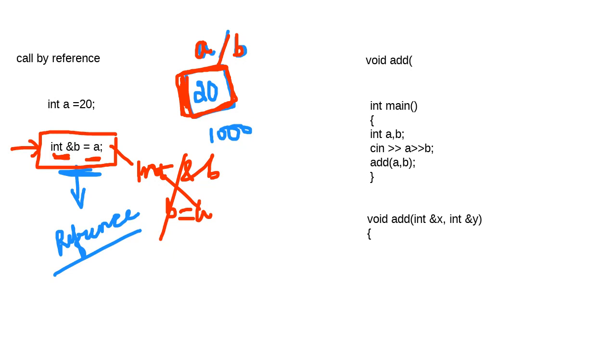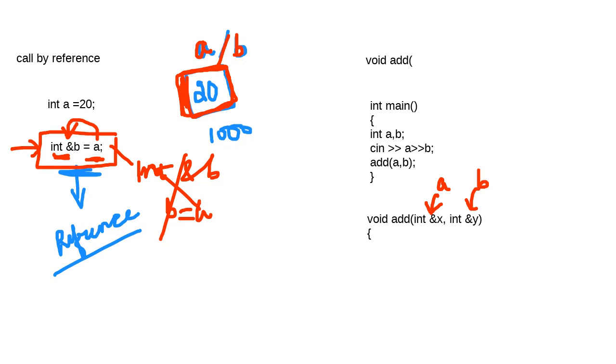That's what we had to do, right? On the right hand side, it's just a normal variable, but when I'm receiving it as a reference, do you get my point? So this becomes int ampersand x equal to a, int ampersand y equal to b.